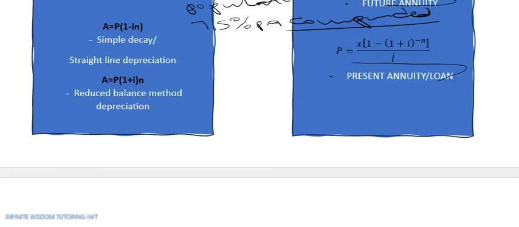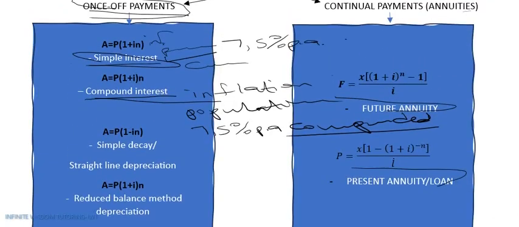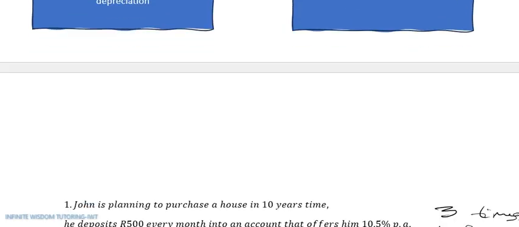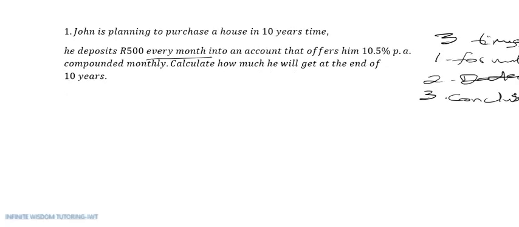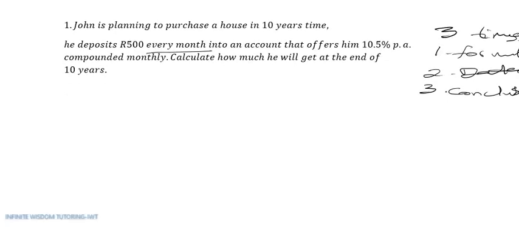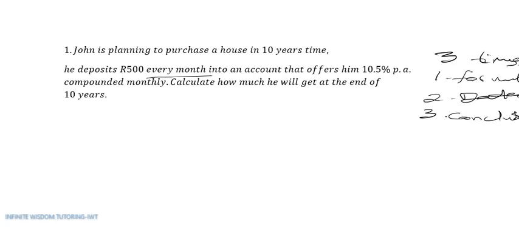We have what we call the future annuity and also the present annuity. So we just have to find out: did he pay with the goal of getting an amount in the future, or repaying an amount that happened just now? If we continue with the question, it says he pays every month into an account that offers him 10.5% per annum compounded monthly.